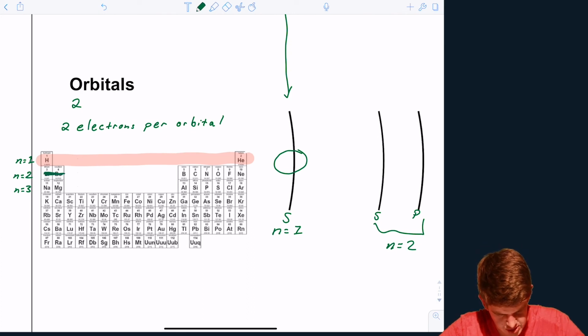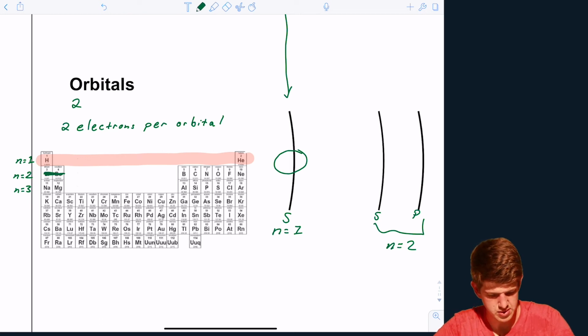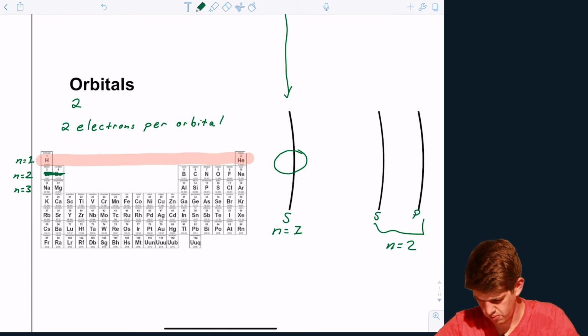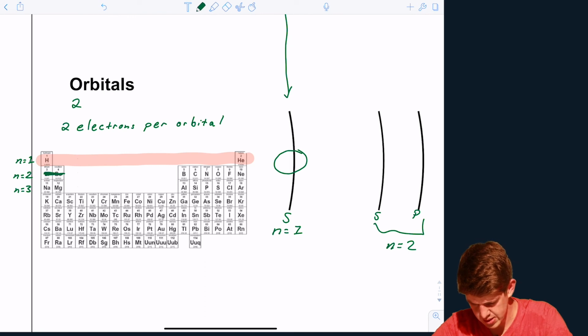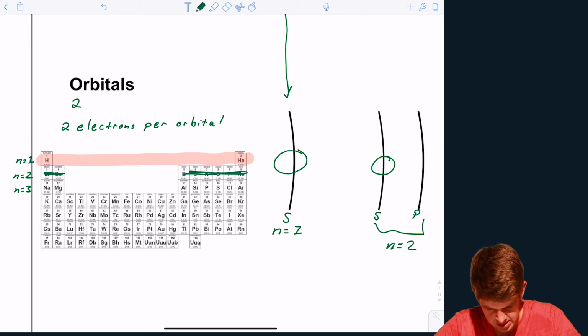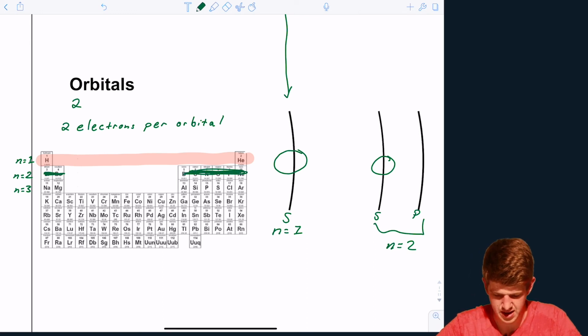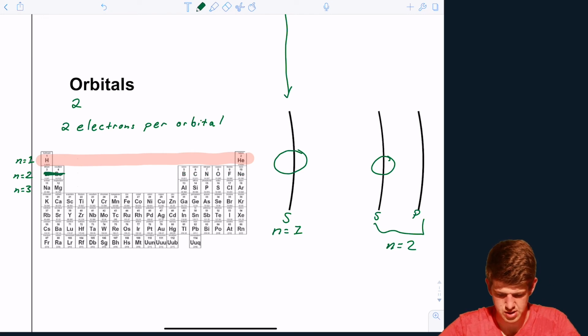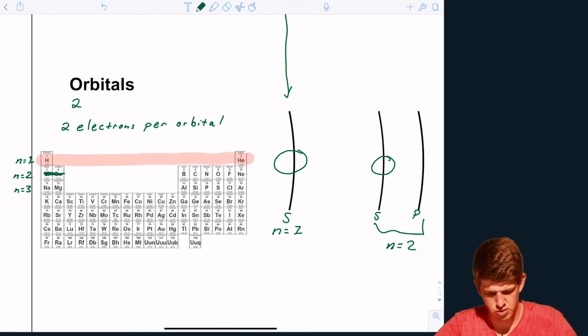Here is my 2s block, and there are 2 elements in that 2s block. And because there are 2 elements, I'm going to have 2 electrons, 1 orbital. So the s will have 1 orbital. Here in the 2p block, I have got 6 elements, 6 subsequent electrons, or 3 orbitals.